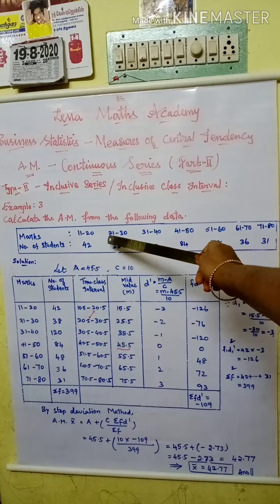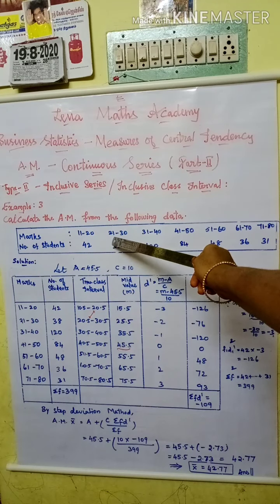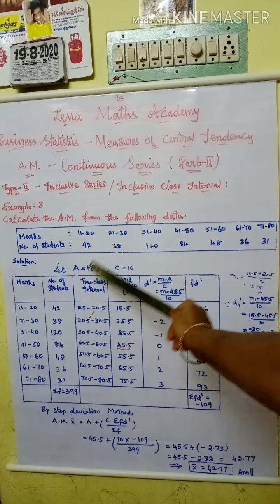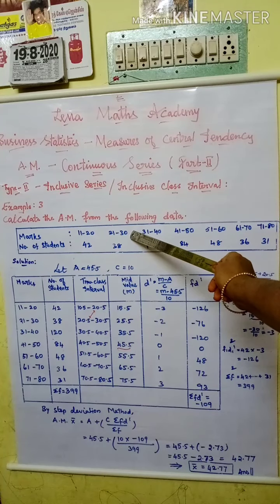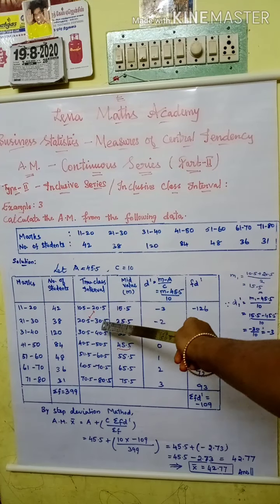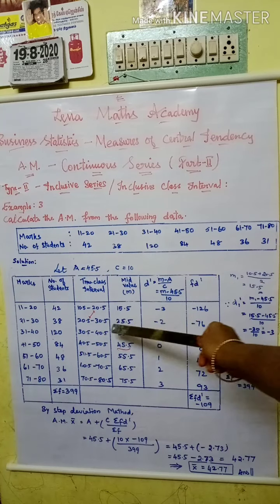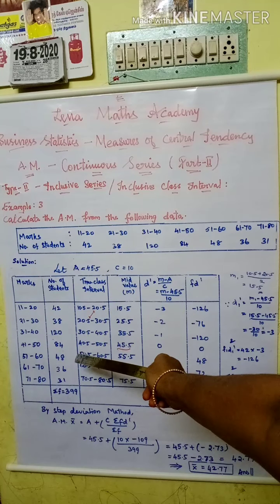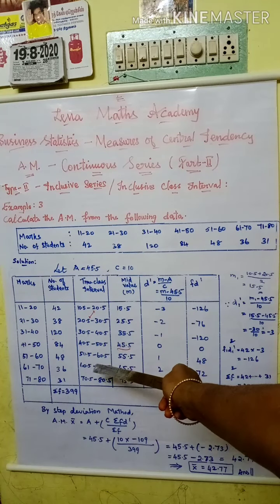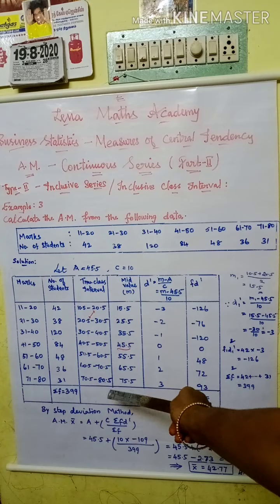Second interval: lower limit 21, subtract 0.5, we get 20.5. Upper limit 30, add 0.5, we get 30.5. Similarly we get 30.5, 40.5, 40.5, up to 50.5, 60.5, 70.5, 80.5.